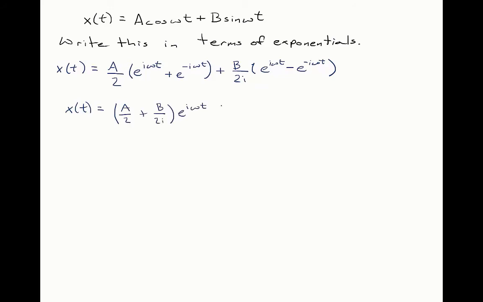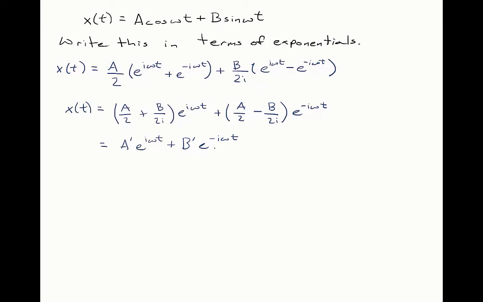Then I'm going to gather the e to the minus i omega t terms. Now here's where what I was saying about arbitrary constants comes in. So a over 2 plus b over 2i, a and b are arbitrary constants. So I'm just going to rename this a prime. Same goes for here. This is a different arbitrary constant because it's a over 2 minus b over 2i, and I'm going to rename that b prime.